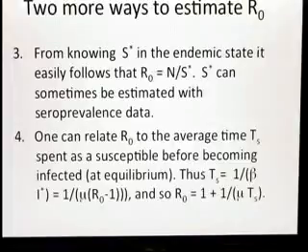So it's 1 over the proportion of susceptibles over the long term. And again, using collected blood from a representative sample, this is something which can be estimated and is estimated. This is certainly one of the ways in which epidemiologists estimate R naught. And then let me skip 4. Let me keep going.